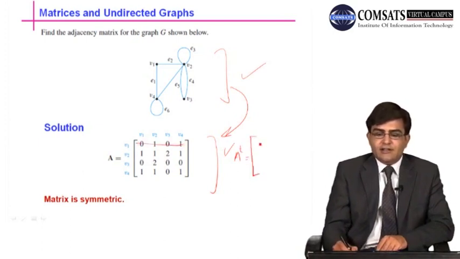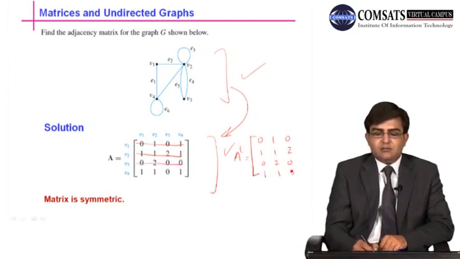This is the first row, we write it in column: 0 1 0 1. We take the second row here, we write it in column: 1 1 2 1. This is the third row 0 2 0 0, and the last row is 1 1 0 1.